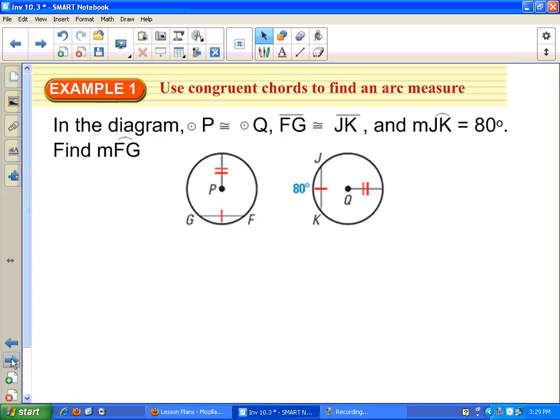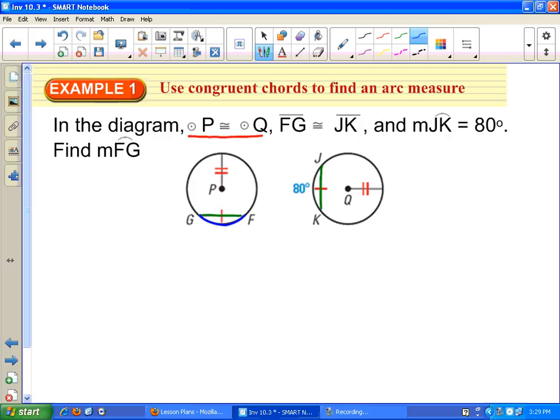So we'll apply that. In this diagram, circle P and circle Q are congruent. That's an important thing. FG and JK are congruent, so we know that right here and right here are congruent. The measure of arc JK is 80 degrees. We need to find the measure of arc FG.